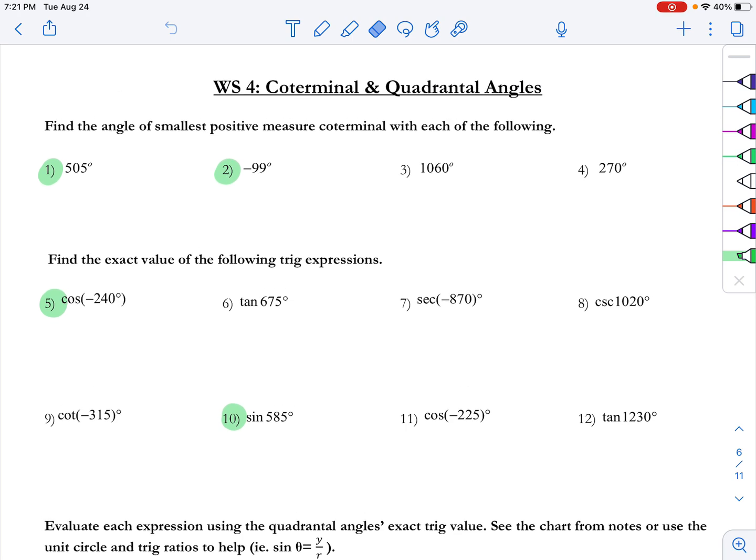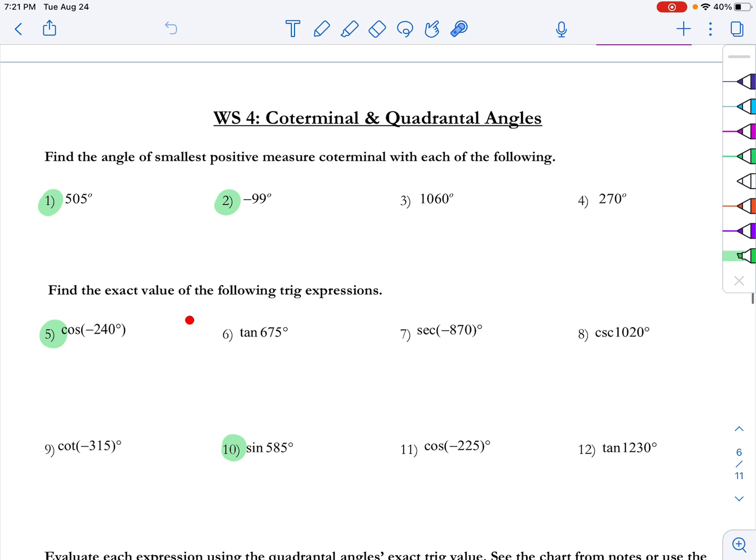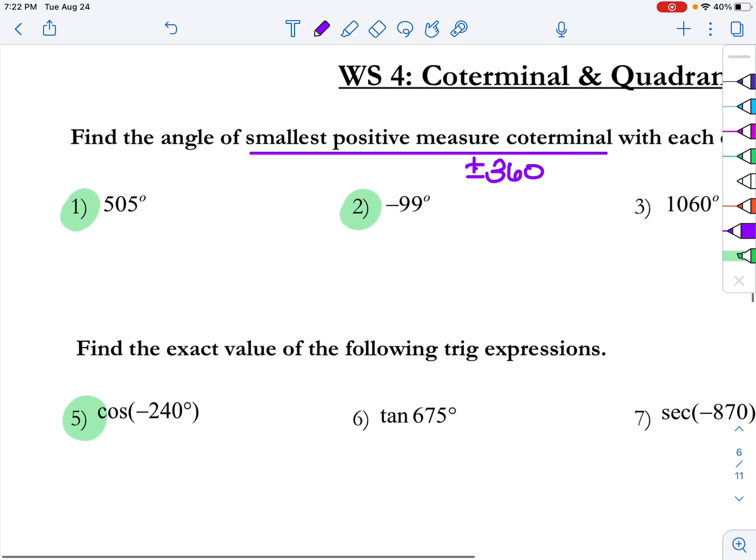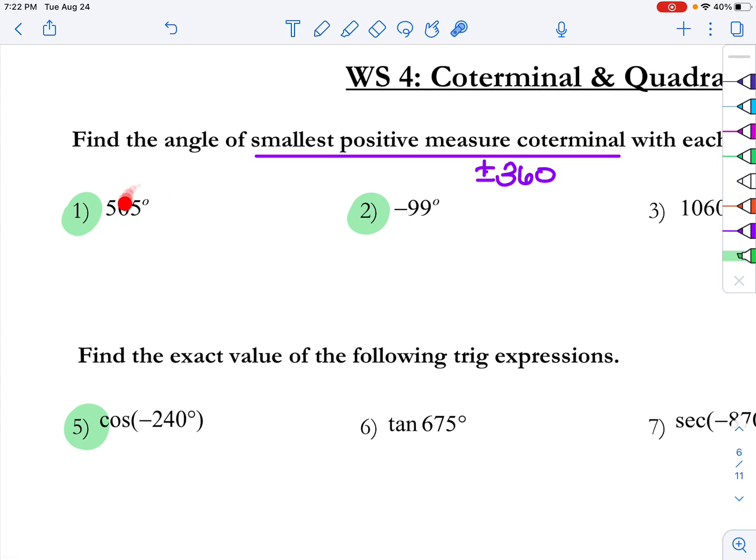So there's a couple sections in here. The first section, numbers 1 through 4, wants the smallest positive coterminal angle, right? And so remember, that's just adding or subtracting 360 degrees. So if it's a really big angle that's more than 360, we're going to subtract 360 to get the coterminal angle. If it's a small negative angle, then we'll add 360 to get the coterminal angle.